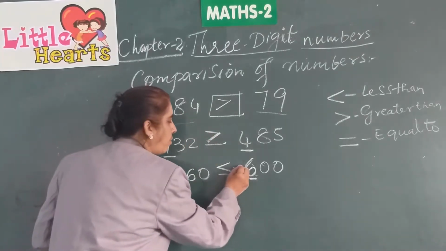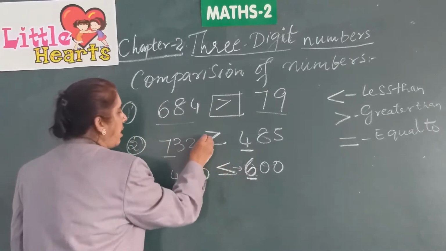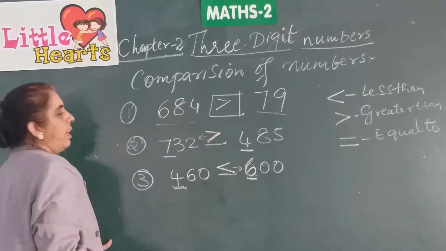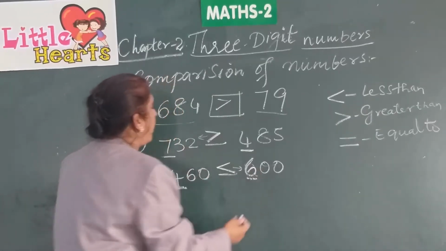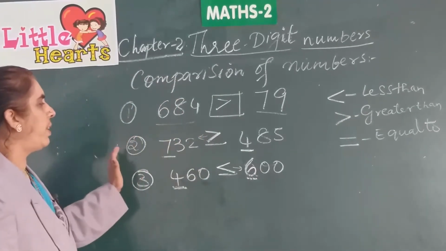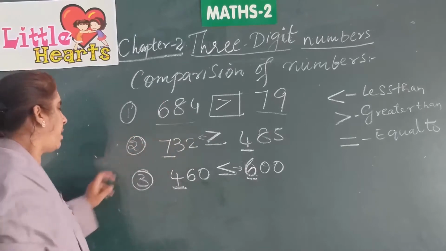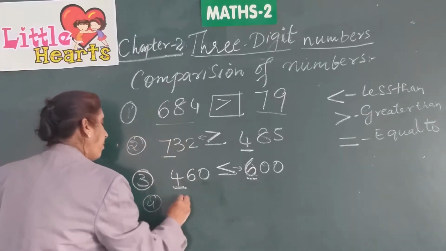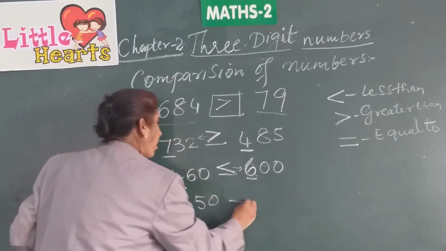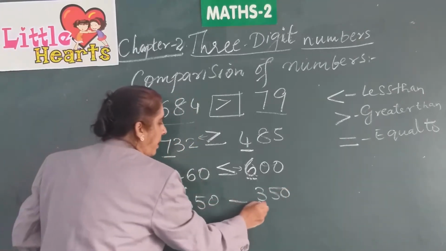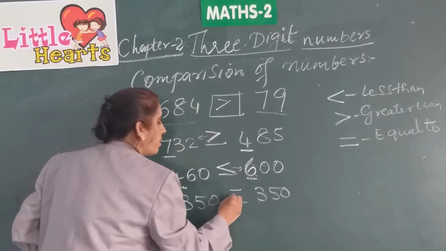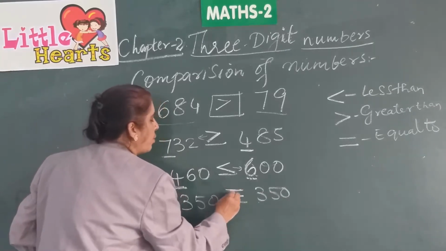Remember that the mouth is always open towards the bigger number. If the mouth is open towards your right hand, that is less than. If it is open towards your left hand, that is greater than. When all the digits in each place are equal, we use the symbol equal to.